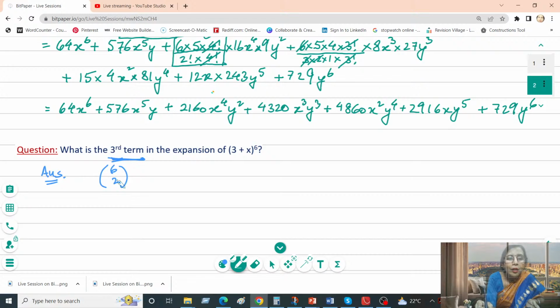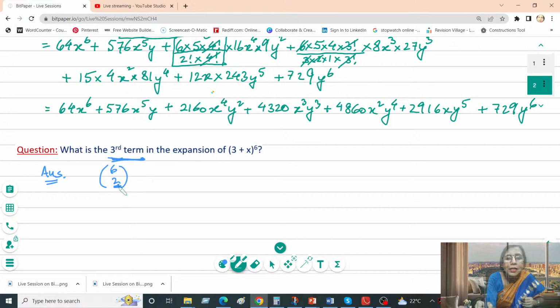So they have asked for the third term, therefore we will give just the third term and nothing more. First the coefficient part, n value is 6, so it is 6. What about the lower number which represents the R value? For the first term it is 0, for the second term it is 1, for the third term it has to be 2.